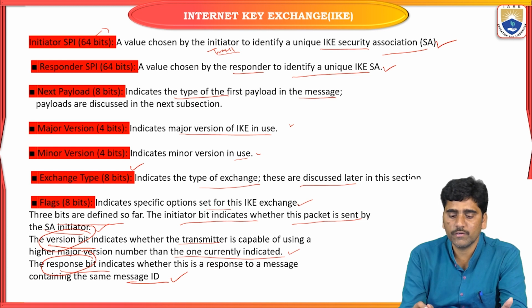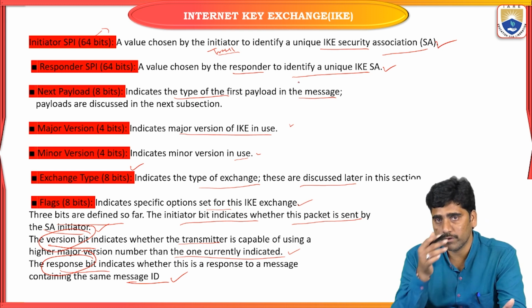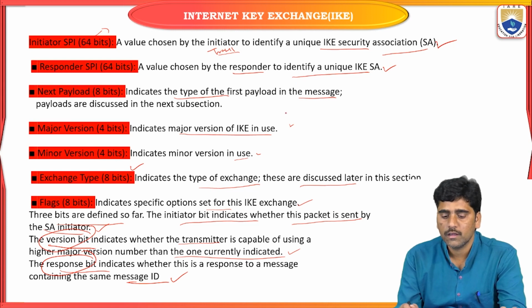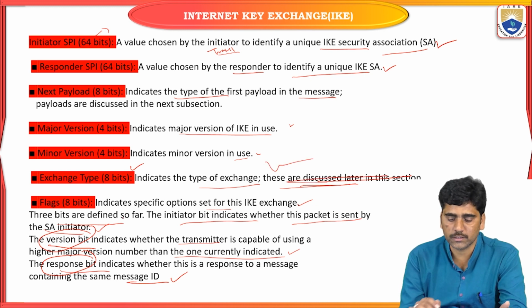So what does the initiator header field contain? It identifies the unique IKE security association. The responder field contains what? It identifies the unique IKE security association. The next payload field contains the first payload in the message, then the major version, the minor version, and the exchange type, which tells which type of exchange is going to happen, and the flags.